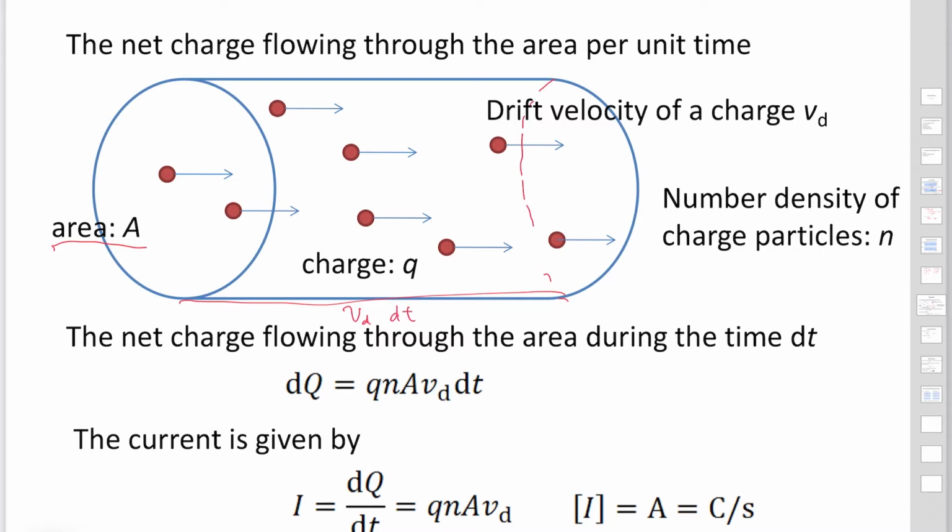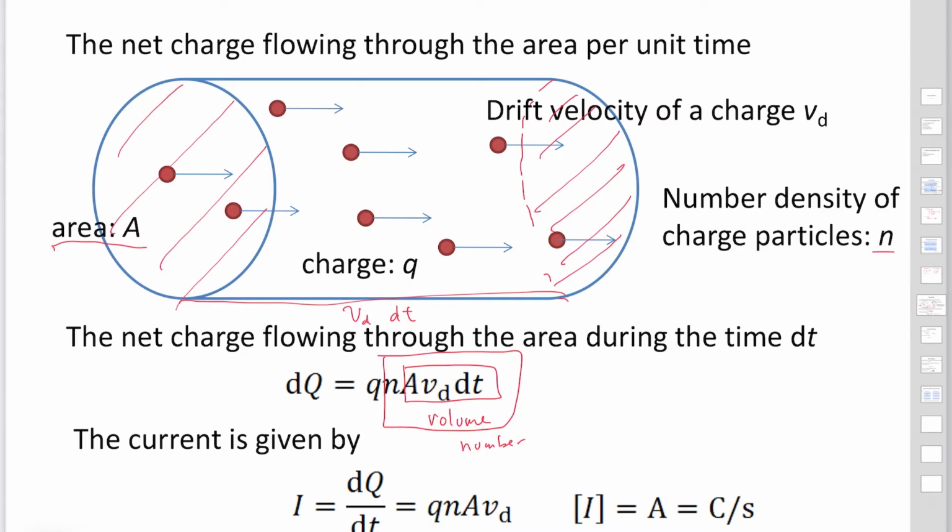Height times the area gives us the volume. If you multiply the volume by the number density, where n is the number density of the charge, this becomes the total number of charges passing through this area after the time dt.